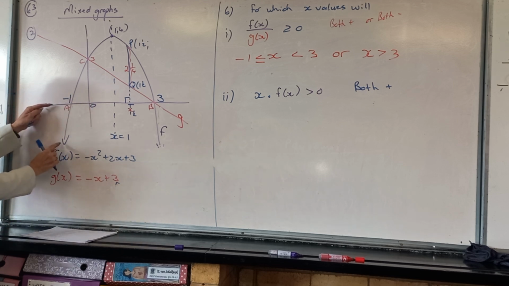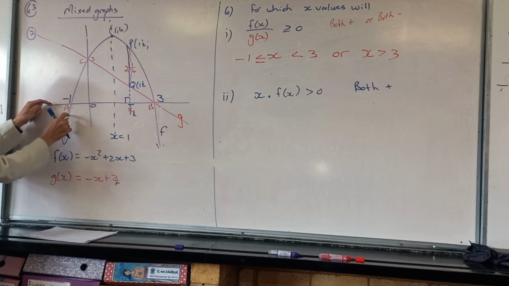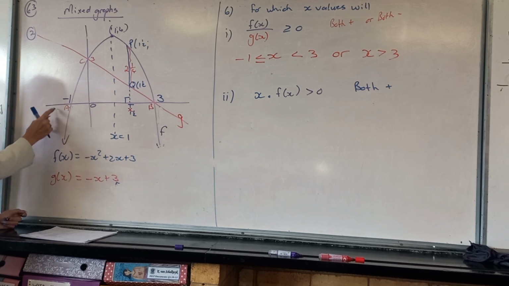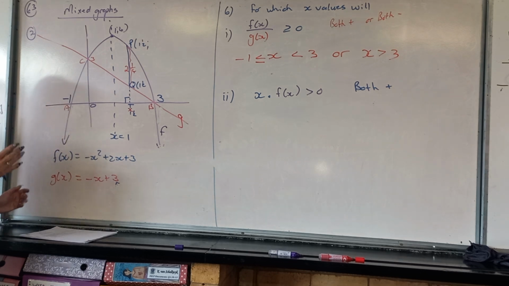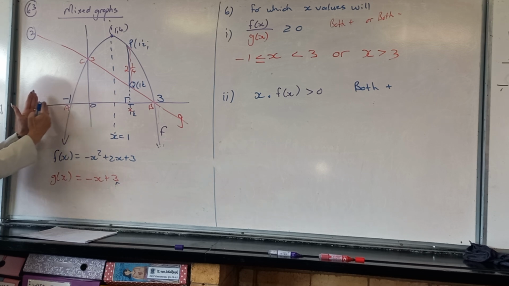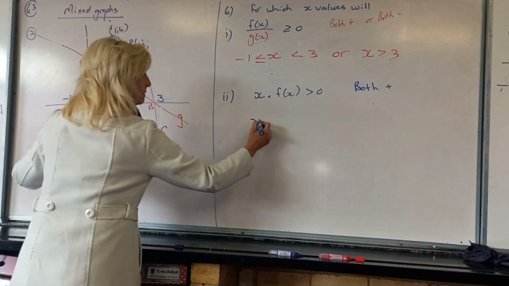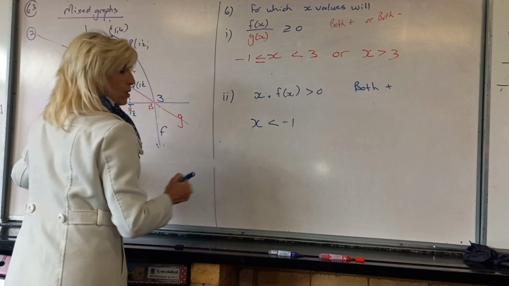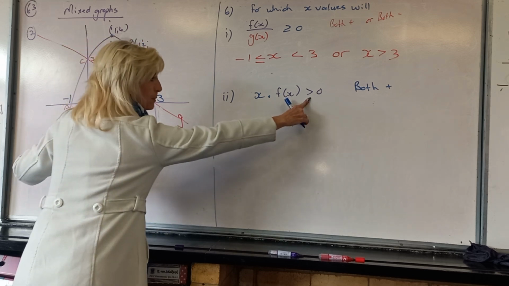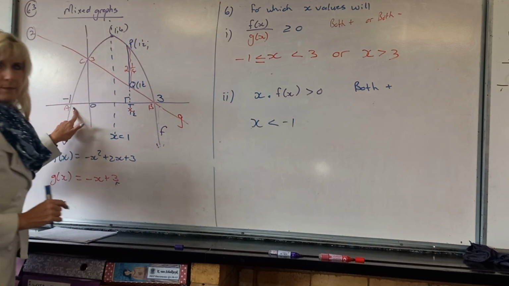So the parabola is negative, right? And the x values here? Negative. This is true. All the time here the x values are negative and the parabola is also negative, up to -1. So for x less than -1, and this time I made it easy for me because if it's excluded, I just exclude.